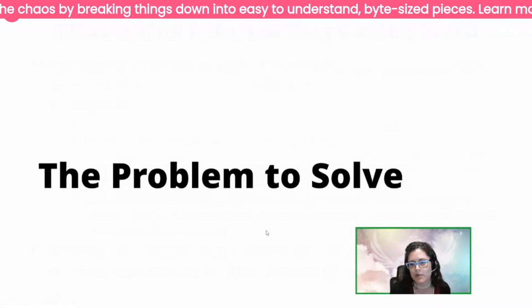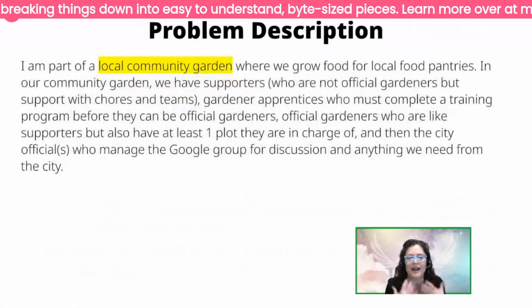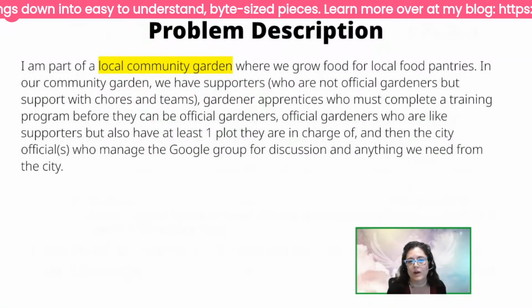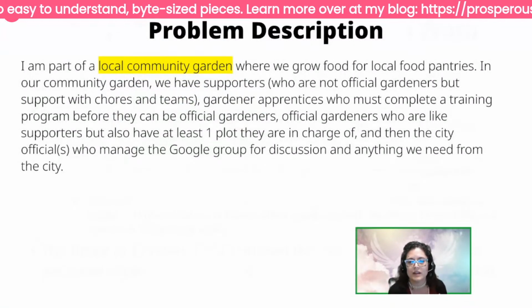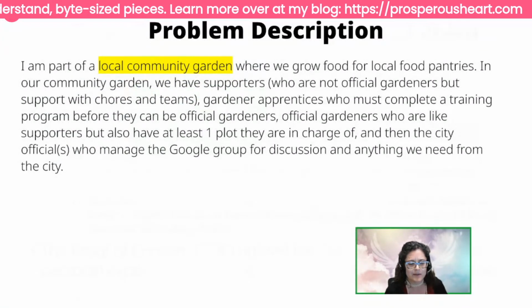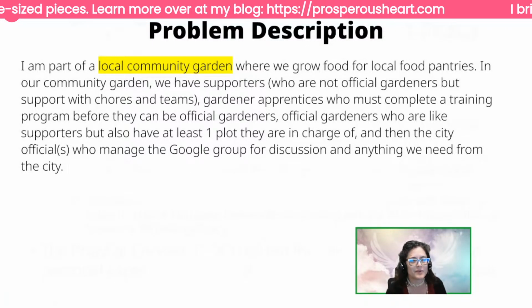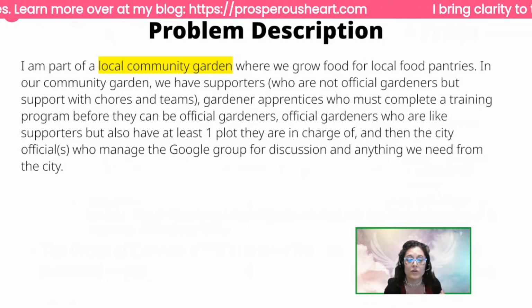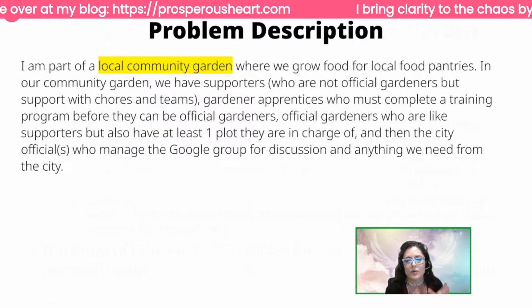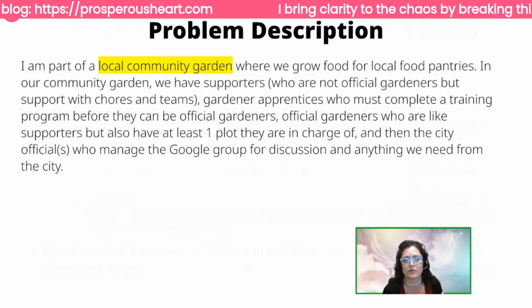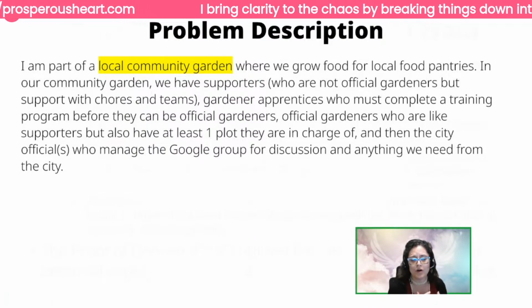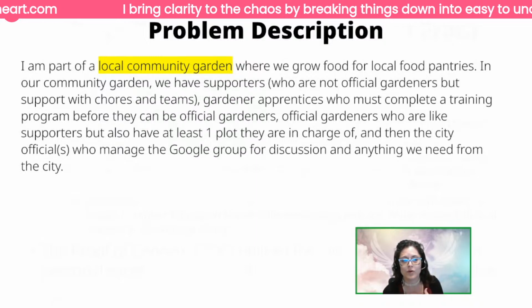So what exactly was the problem to solve? Well, first of all, I am part of a local community garden where we grow food to feed local food pantries. In fact, I'm pretty sure at least 75%, if not more, of everything that we grow goes to local food pantries. In our community garden, we have lots of different roles. We have people who are not official gardeners, but still supporters.